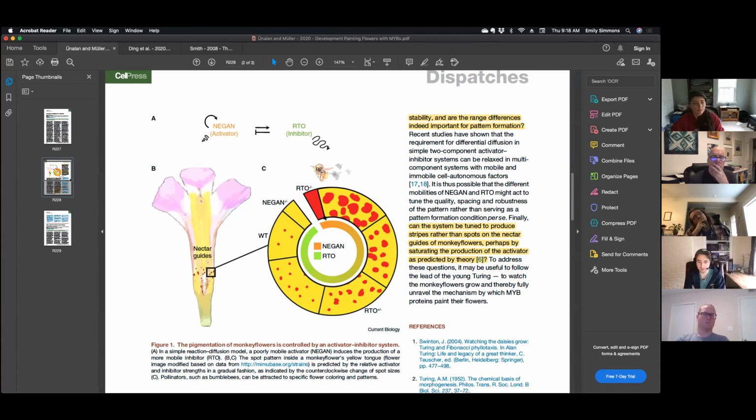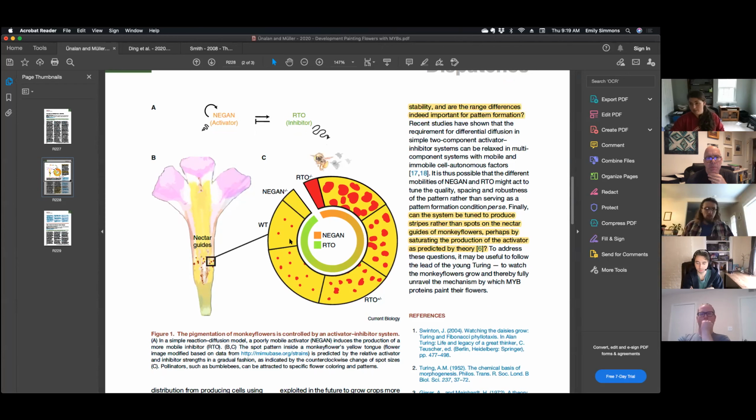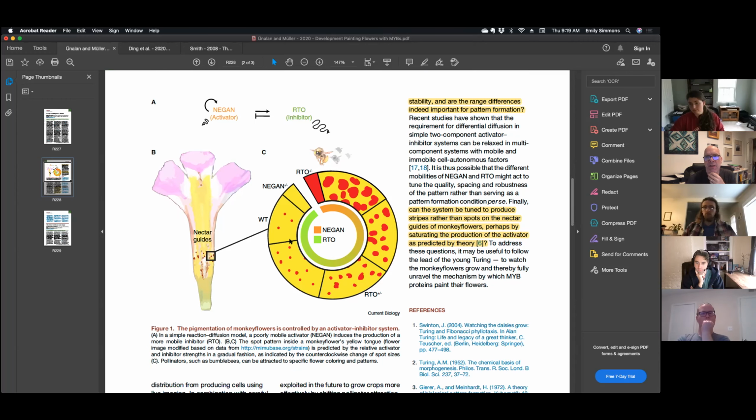Yeah, okay, makes sense. I would just add, this diagram might be misleading in that it's sort of suggesting that the redder you are, the more attractive you are to a pollinator. And I'm not sure that's what they really mean. Well, that is what they said in the paper. Pollinators can be attracted to specific flower coloring and patterns, is what's said in the legend.